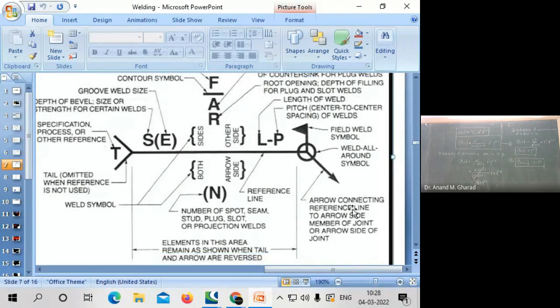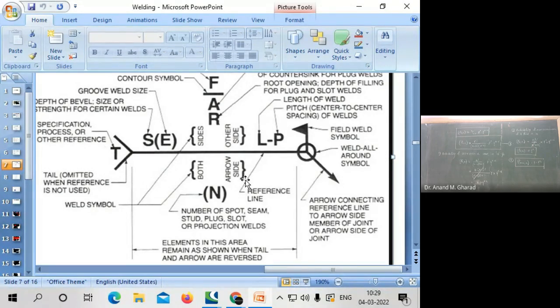Now see, this is the bracket which is representing the sides. Okay, this is above and below, or as far as the symbol, the arrow is concerned, this is known as the description which is on the arrow side.